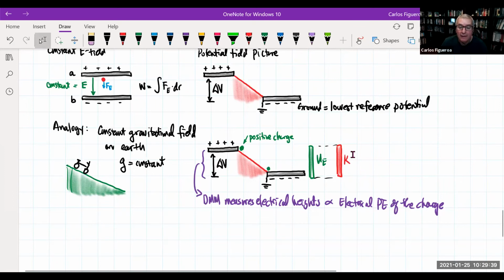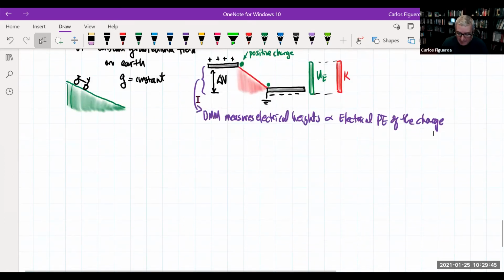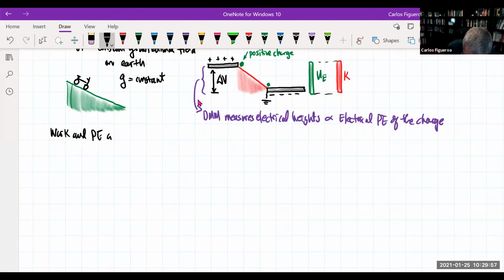So now that we've established this, we can write down in detail what I mean by work here. We can connect the work and potential energy, and the way they're related is that the work is Q times the change in the voltage.